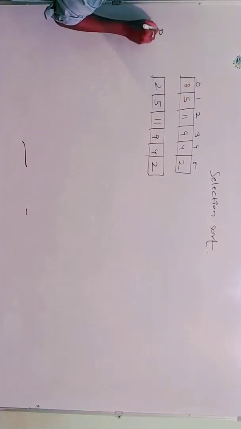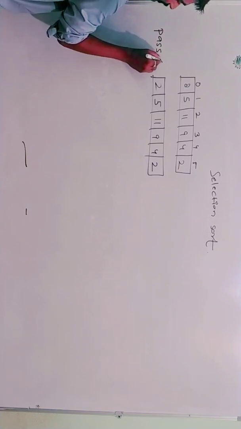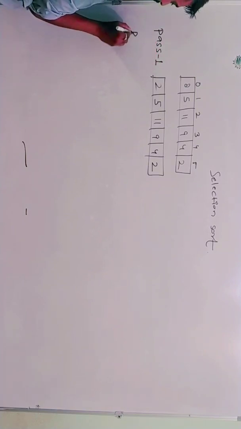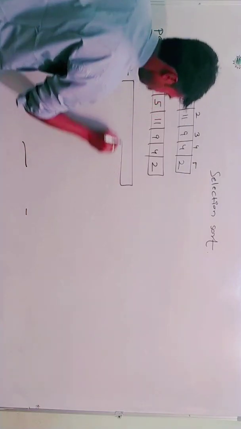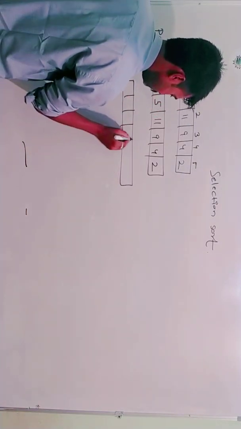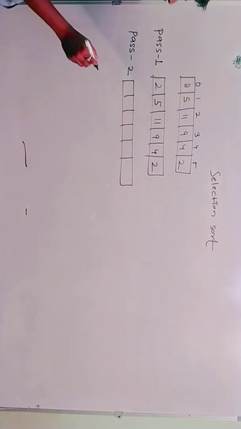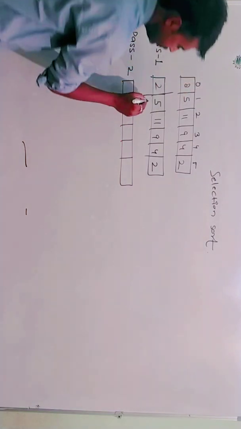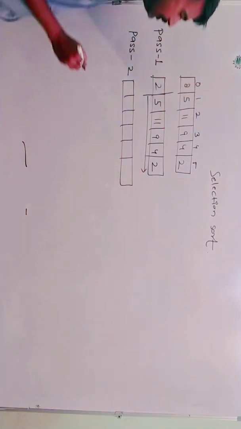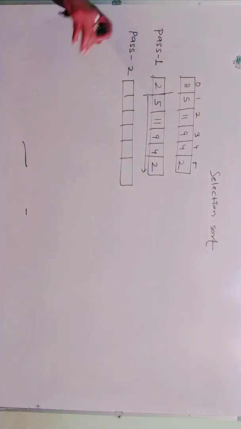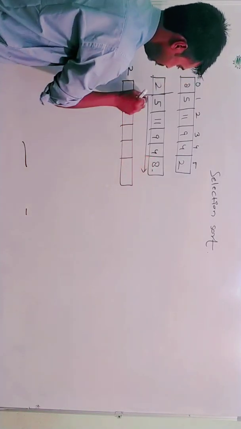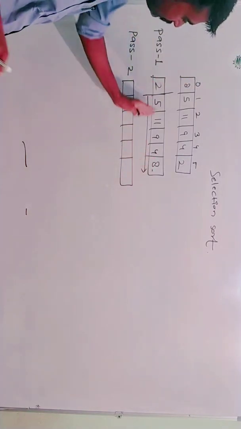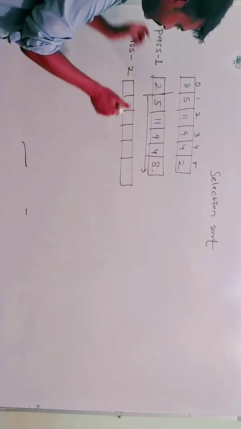This is our pass 1. Now pass 2. Here onwards again we have to find the smallest element from this sub array.